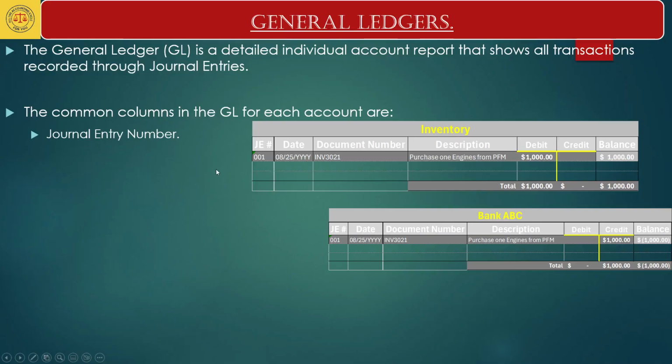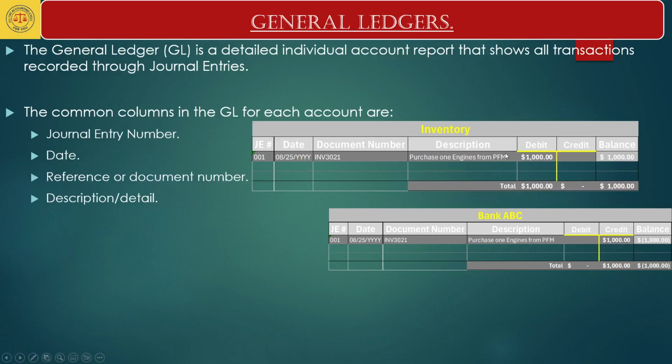The second is the date. This came from the same journal entry that we did before. It has to be the same information. Document number. This is the same document number that we had in our journal entry. Description or detail.